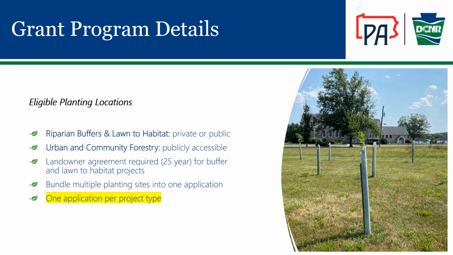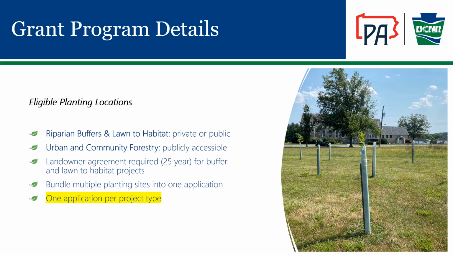In the past, applicants have been able to bundle multiple planting sites and request funding for more than one watershed forestry practice with a single application. This year, we ask you to submit a separate application for each practice for which you are applying, unless the practices are all taking place on the same property, in which case you can submit a single application.